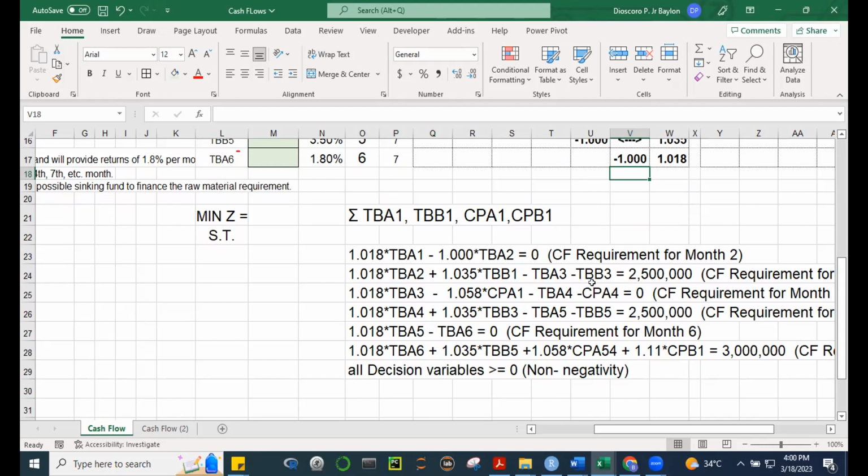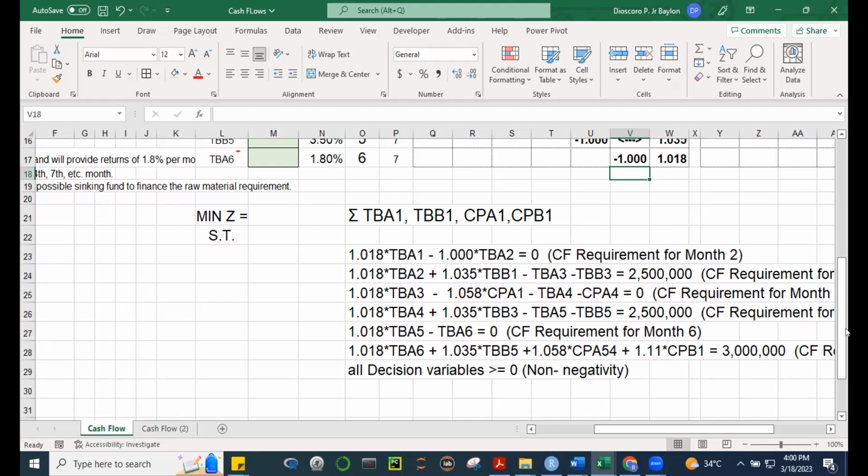And then for month 3, all the inflows netted against all the outflows, the outflows being the ones that we flow back to investment, should be equal to 2.5 million. This means that anything that we got, we set aside 2.5 million to pay, and the others will be used to roll over our investment so that we have some amount to withdraw in the coming months.